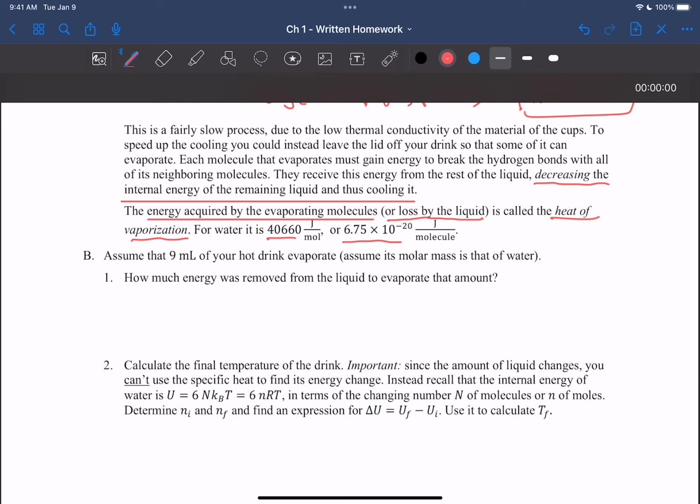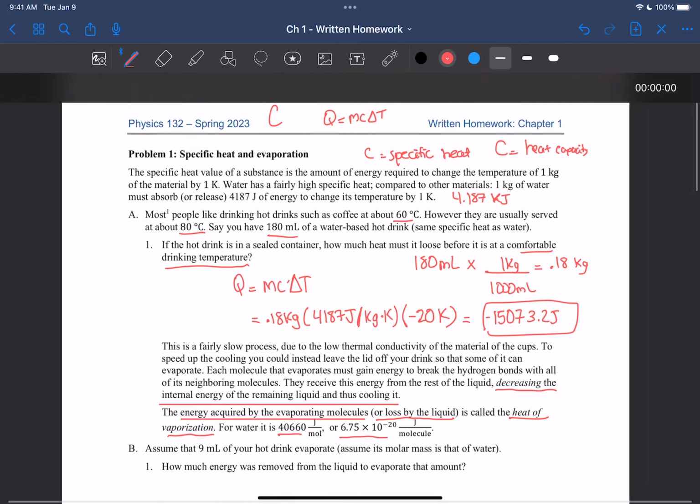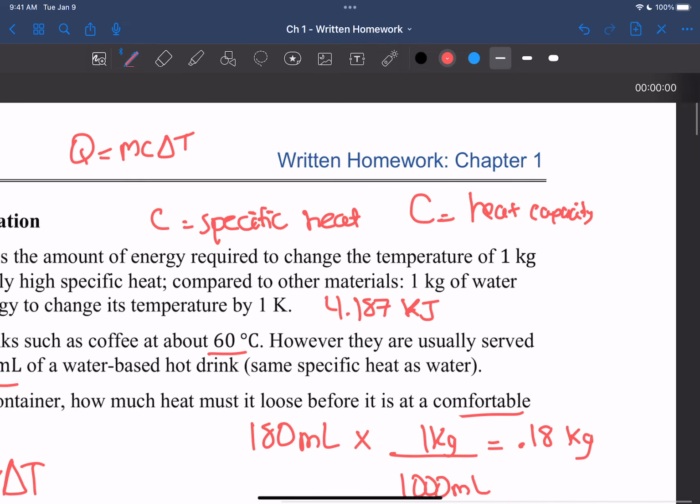I was saying that the heat of vaporization is just defined as the amount of energy needed to switch states of matter. So the 40,660 joules per mole is not the amount of energy that would cause a change in temperature. It's an amount of energy just to change the state of matter. So you can't plug this into Q equals MC delta T, but you could plug it into Q equals MC, big C, because this would be more like a heat capacity than a specific heat capacity.